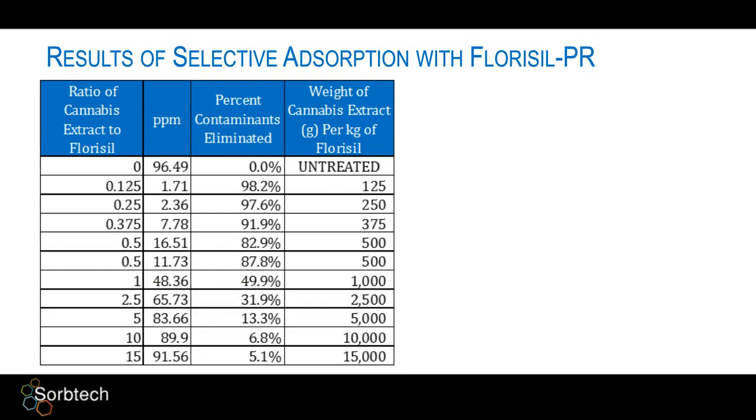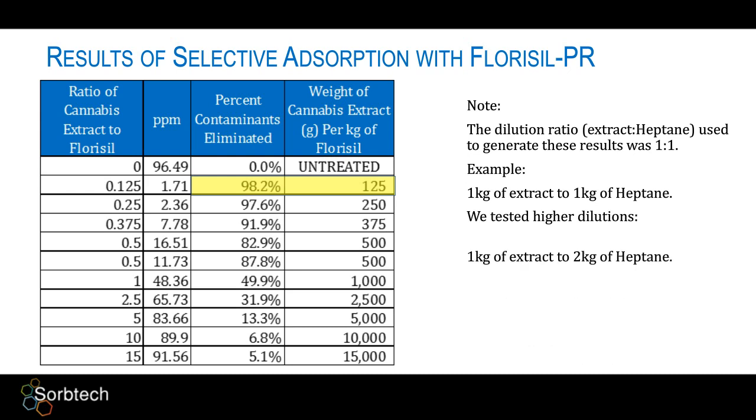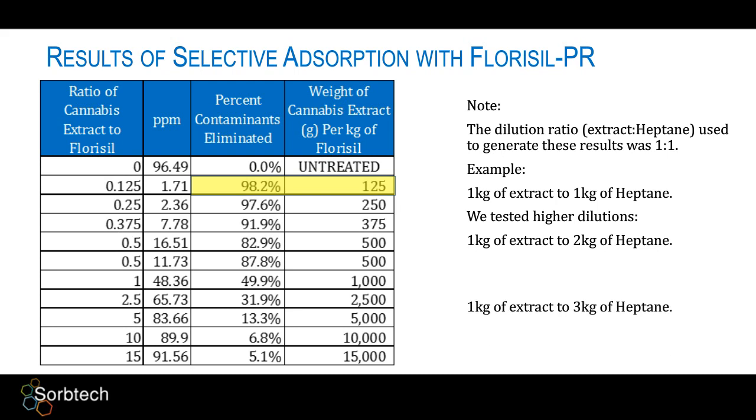At 12.5% loading with 100 ppm, we still eliminated 98.2%. Now, it's not the dilution ratio, because we went ahead and tested higher dilutions, and basically nothing changed due to the loading.